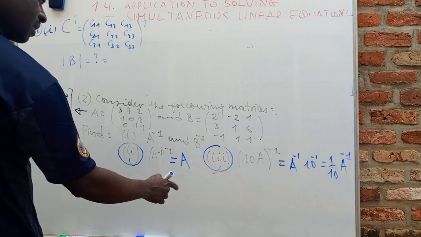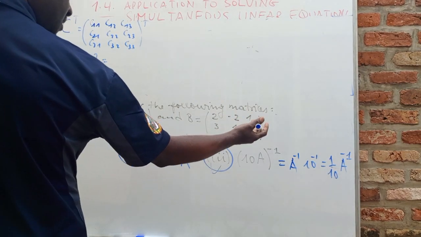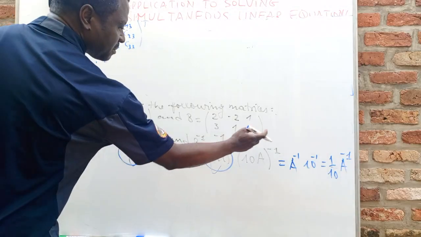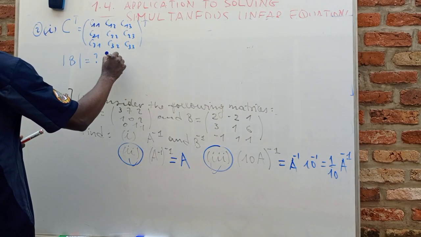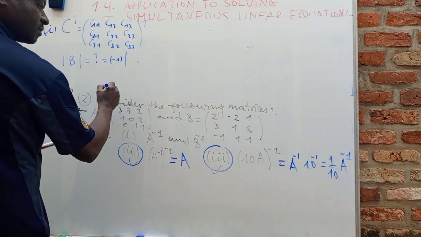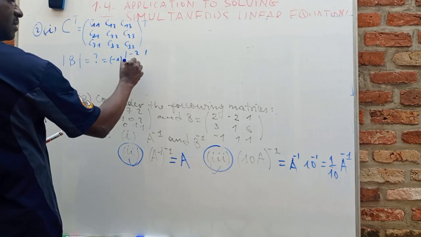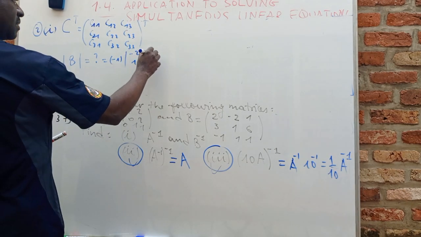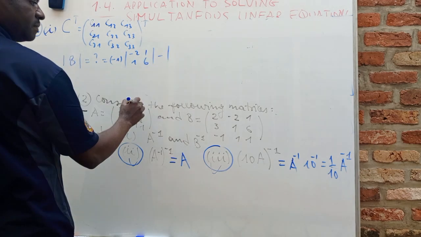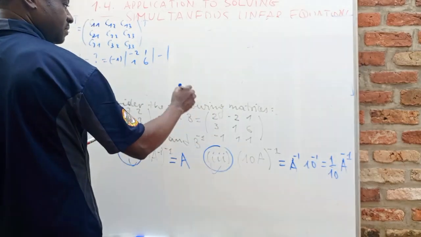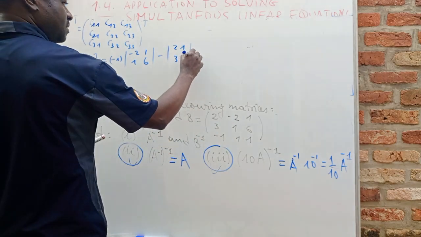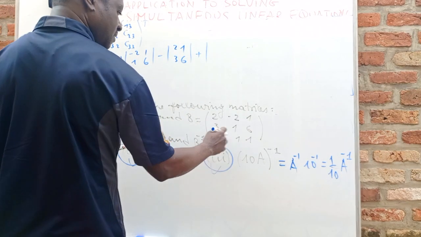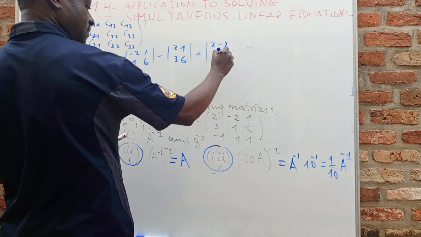So we can expand. Okay, here we can expand by the last row. This is negative 1 times the determinant negative 2, 1, 1, 6, minus 1 times the determinant 2, 1, 3, 6, plus 1 times the determinant 2, negative 2.